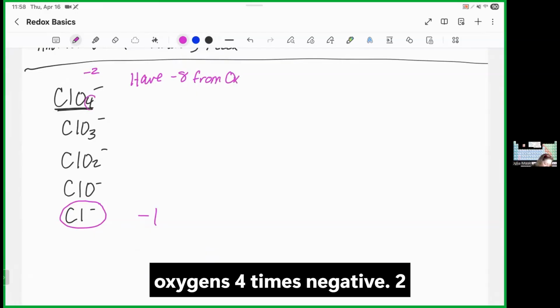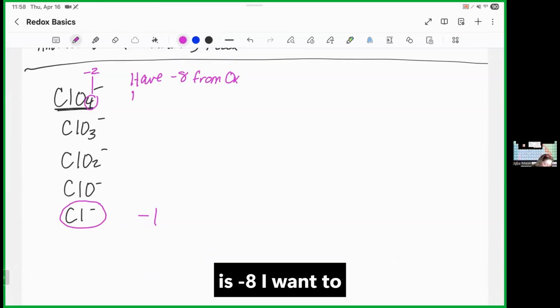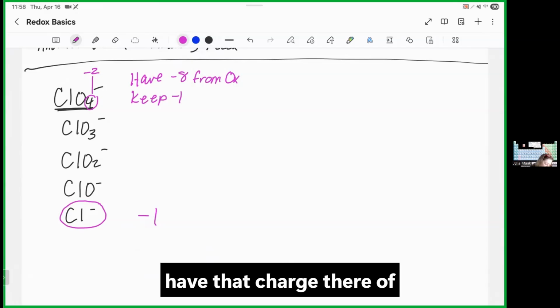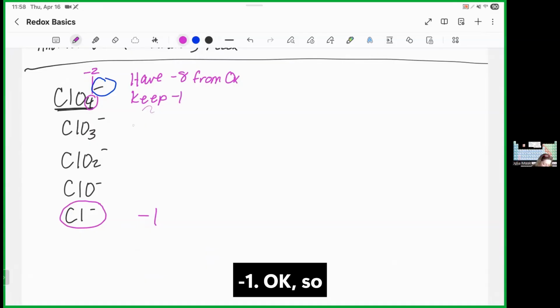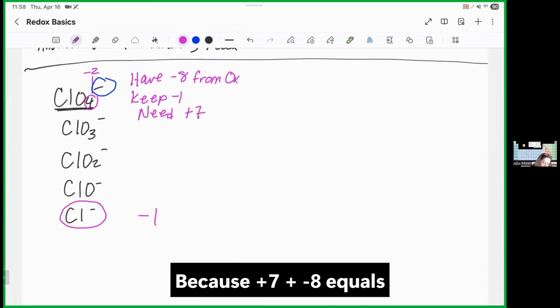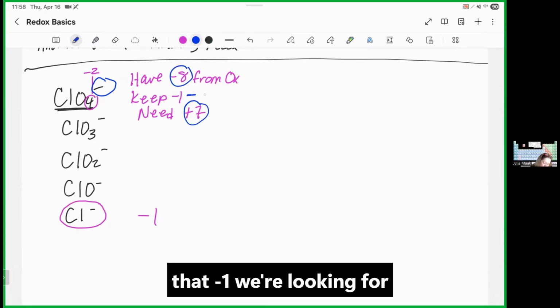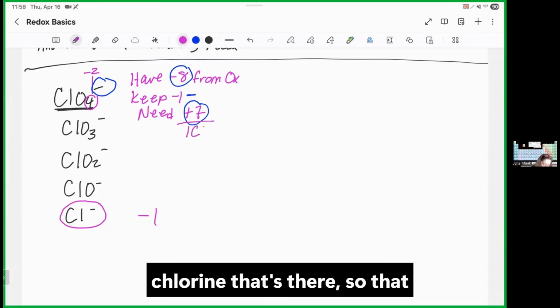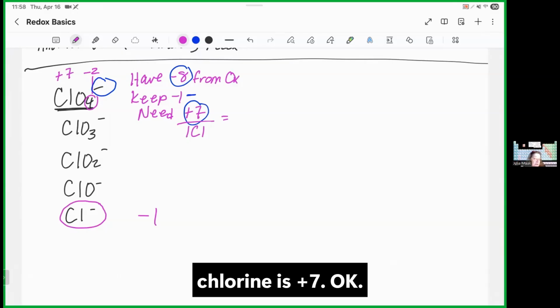Because I have 4 oxygens. 4 times -2 is -8. I want to keep a -1 because I have that charge there of -1. Okay, so I need a +7, right? Because +7 plus -8 equals that -1 we're looking for. Okay, divided by the 1 chlorine that's there. So that chlorine is +7.